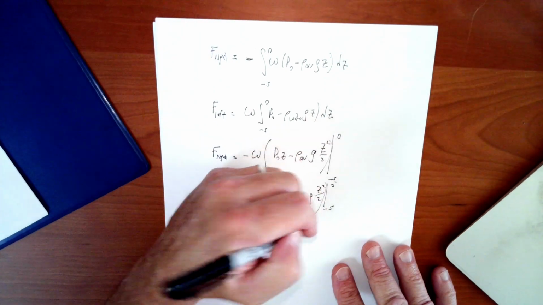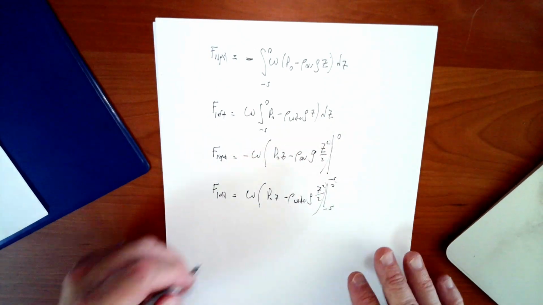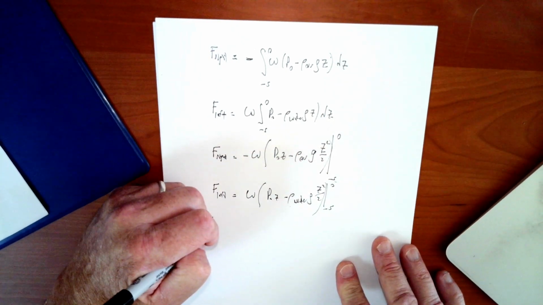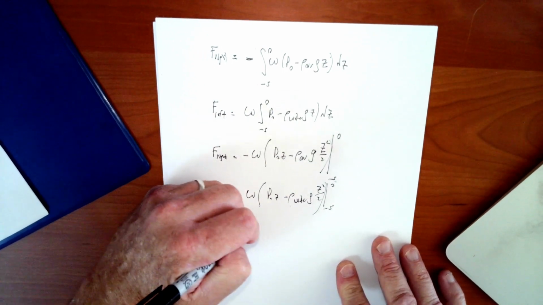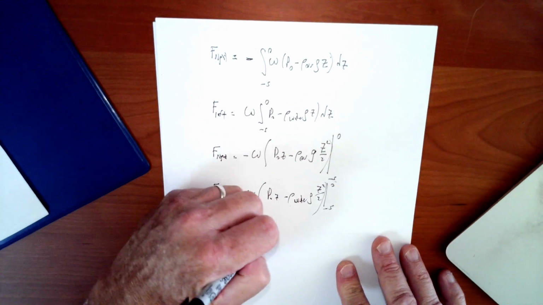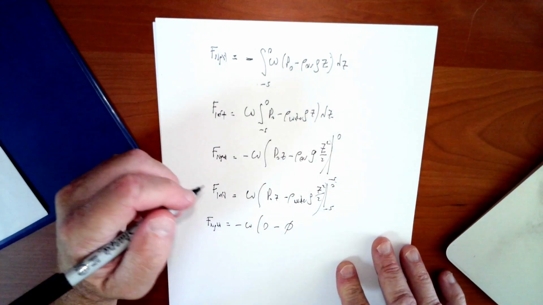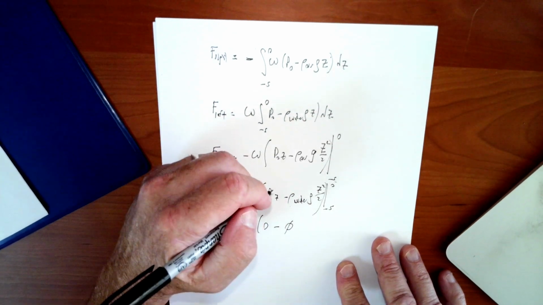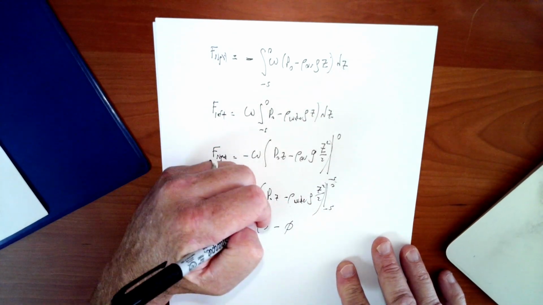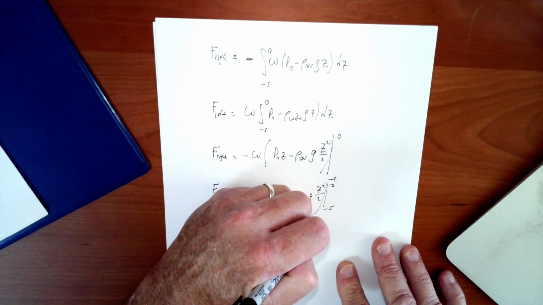So those are my integrals, and I'm going to plug in my limits of integration. On the right, I'm going to do this a little bit more carefully, since I've got some weird minus signs floating around. I've got minus W, and when I plug in 0, I get 0 minus 0, right? So that's easy. And then for the second term, when I plug in negative 5, I'm doing the minus though, because it's the second term.